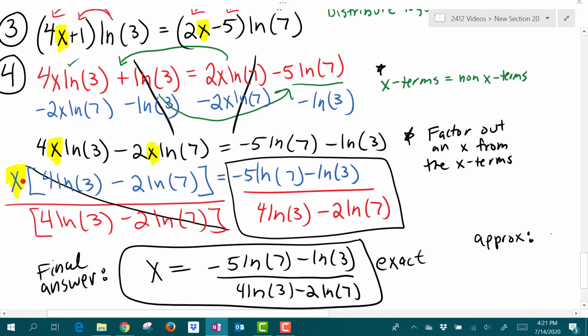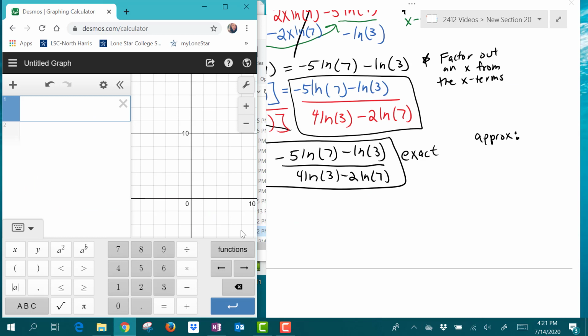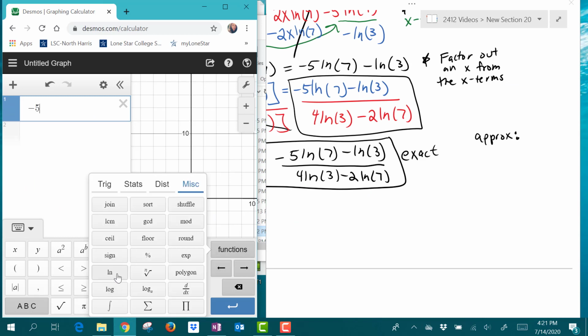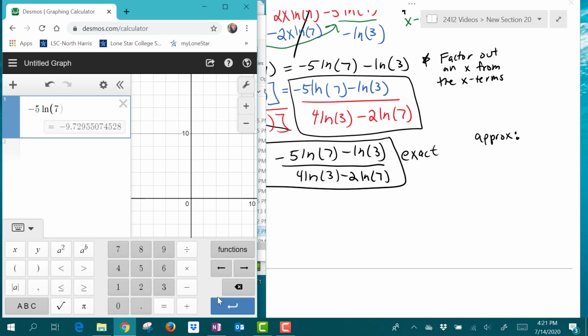So let's put that into our calculator, and Desmos makes this pretty easy. Alright, so I'm going to start at the top. Negative 5 times the natural log of 7 minus the natural log of 3. Highlight all of that so it stays at the top of the fraction.